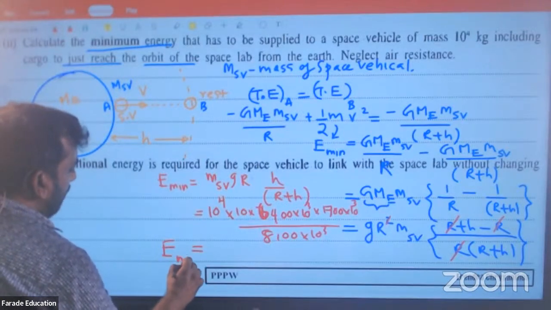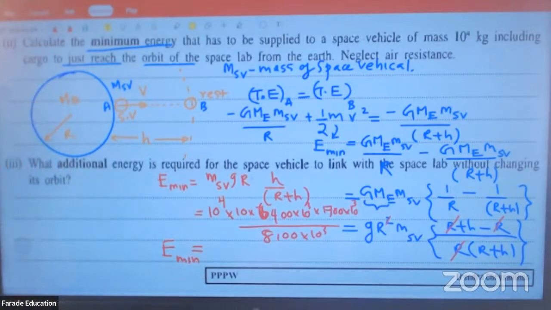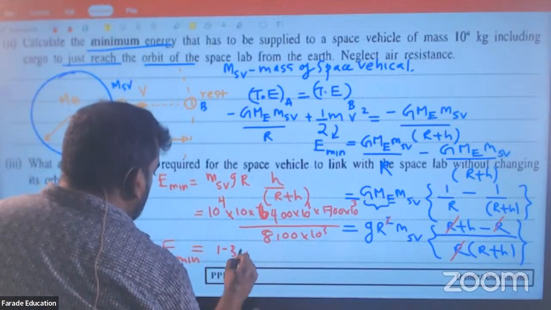Minimum energy can be found. Minimum energy is 1.3 times 10 to the power 11 joule.